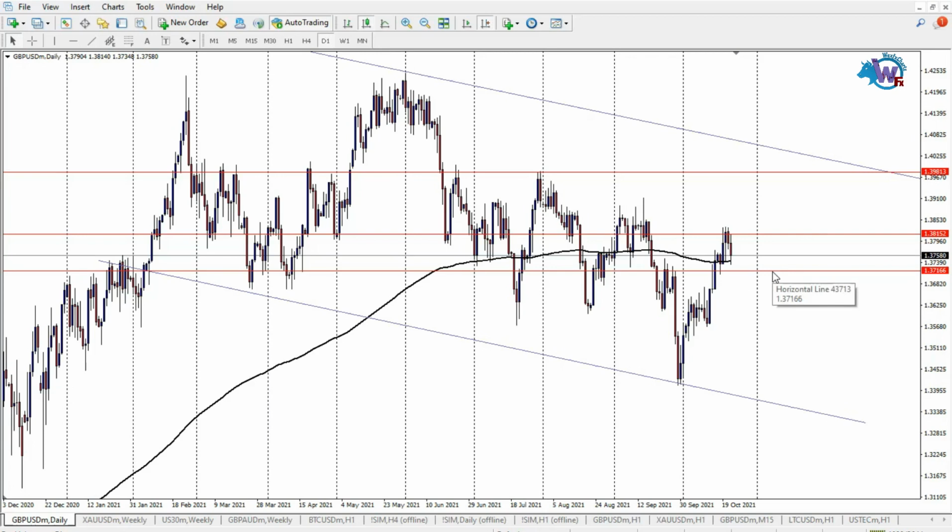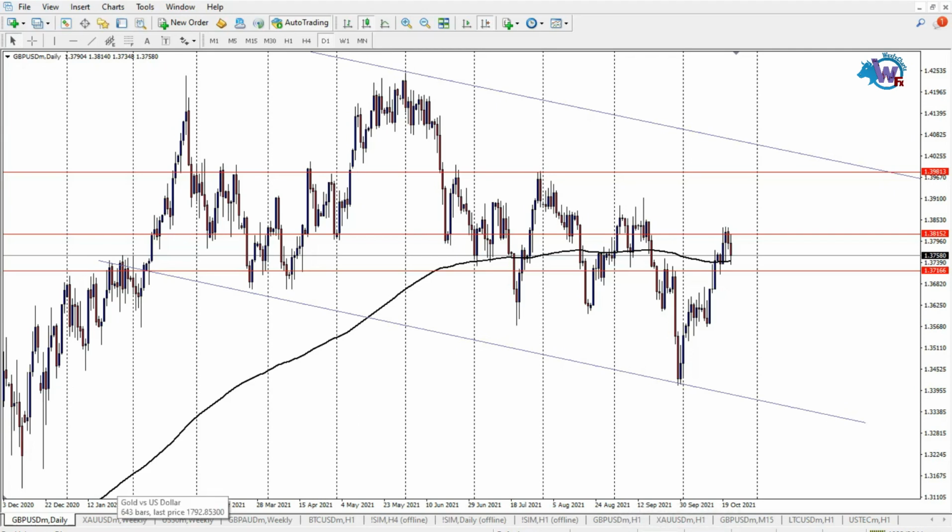Ultimately, I will be looking for buys on pound dollar. Remember, a buy above the 1.3815 area or a buy from the bounce off of the 1.3716 price level. This is my expectation on pound dollar.